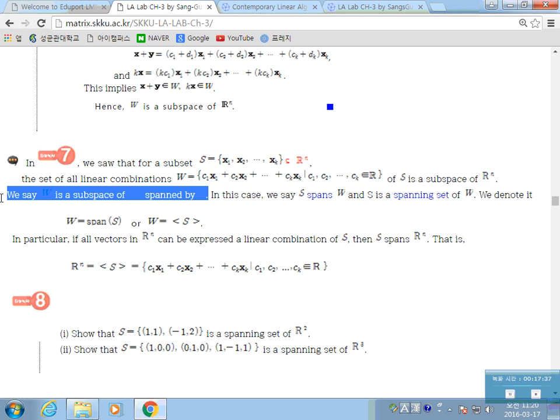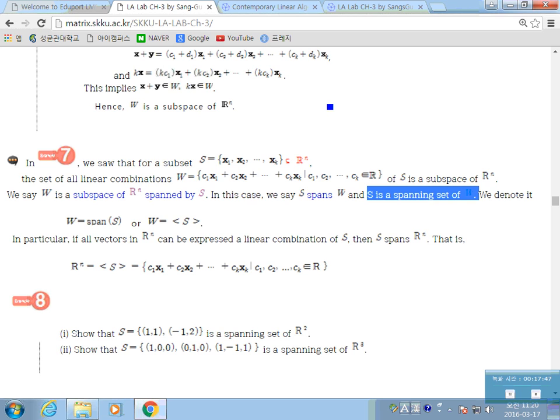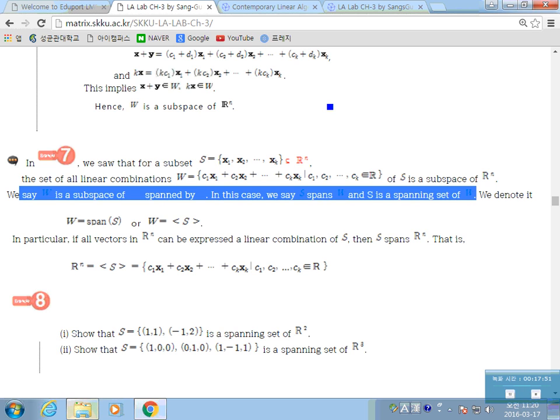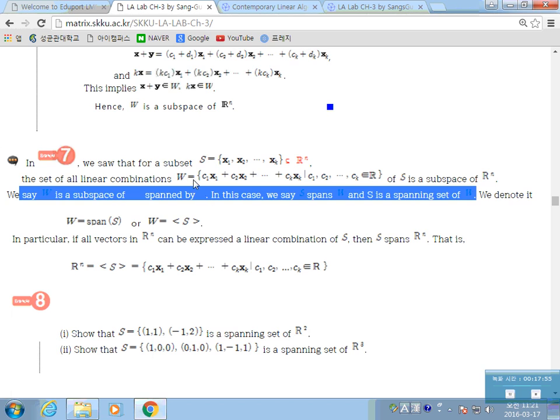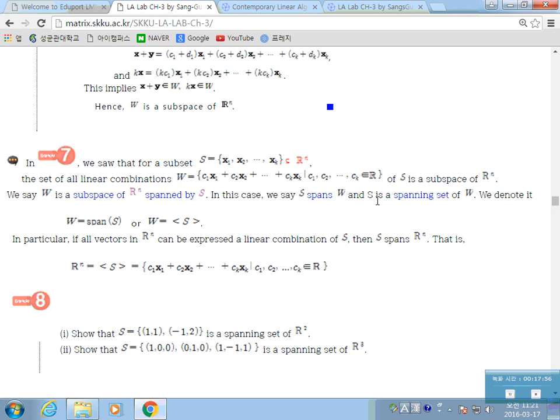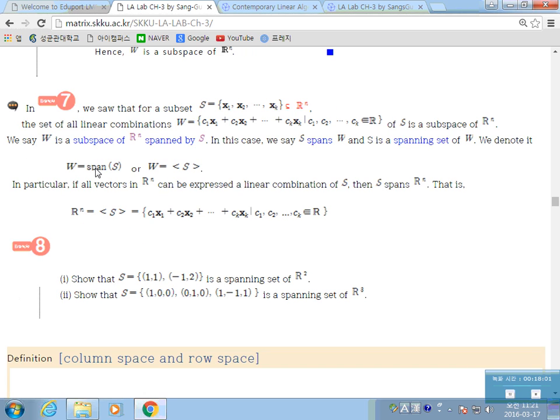In this case, we say this set S spans W, and S is a spanning set of W. These are the terminology that you should know. It will be used over and over. The definition of basis will depend on this span and linear independence. And we denote W as the span of S in this way.